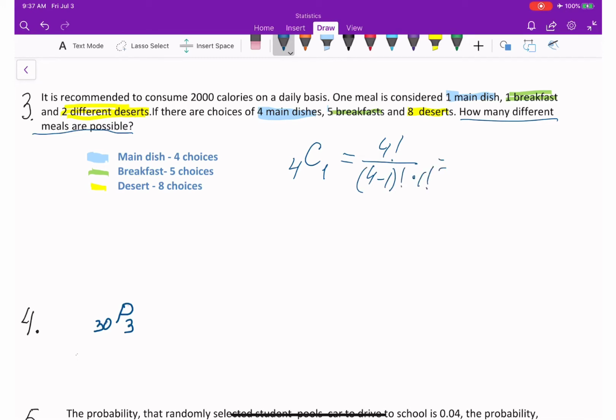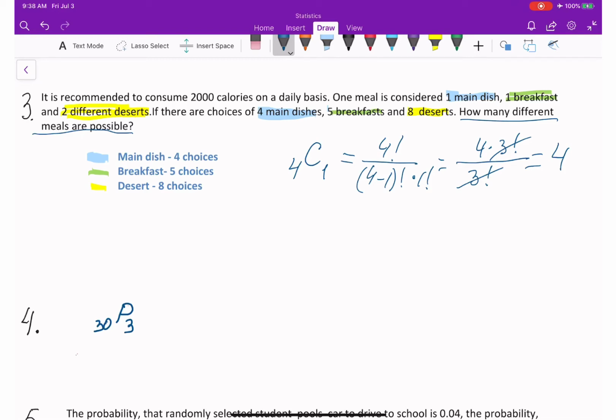Well, I can drop 1 factorial because it doesn't do anything. So 4 minus 1 is 3 factorial. So I'm putting 4 times 3 factorial. This is gone and I have 4. Okay, combination of 4. So I'm choosing 1 out of 4, so 4 of them.